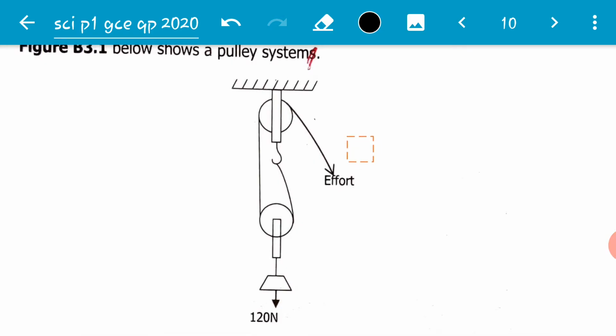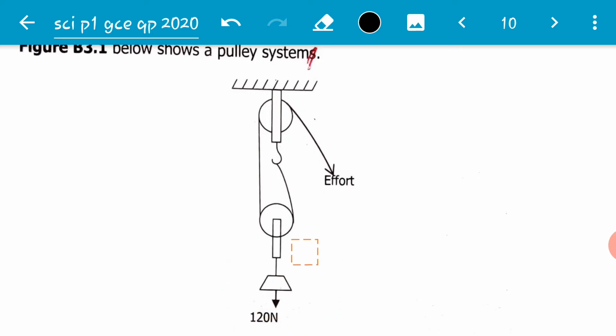However, if you take away this effort and let it point upwards, if the effort is coming from the lower pulley, going upwards, then the number of pulleys will not work. But the only thing that works all the time is the number of strings supporting the load.